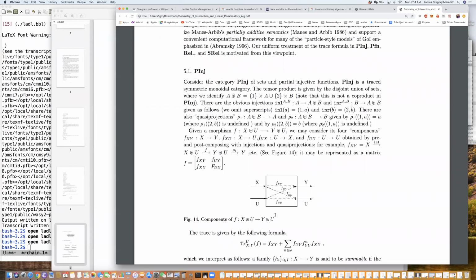That's really what's going on. So then the trace is going to turn this F into an F from X to Y.